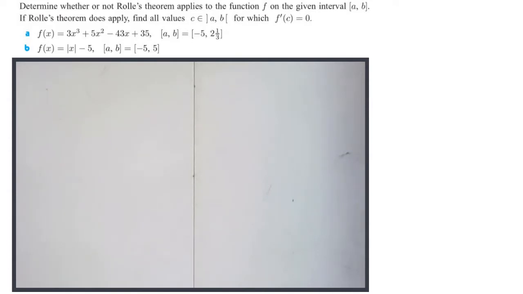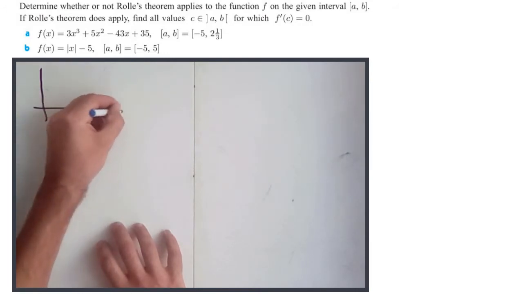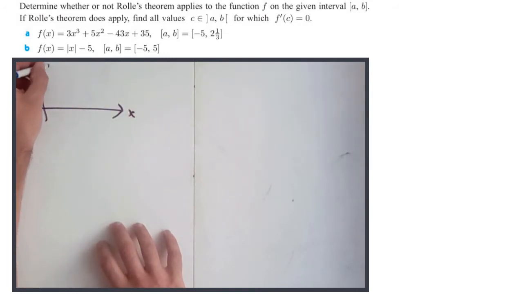So if those conditions are all true, if f of a and f of b both equal 0, so the values of the function at the ends of the interval that you're interested in, then there exists a c within the open interval a and b, so a c between a and b, such that f dash c is 0.